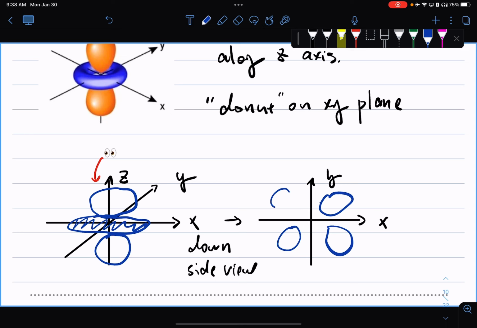So it's not connected, so it's different from the XY atomic orbital. And these are my radial nodes. So it's something like this. This one is a little bit odd. I posted a link on your Canvas site, so you can go click that link and actually play around with those atomic orbitals, rotate them in three dimensions, and get an idea about what these atomic orbitals look like in three dimensions.